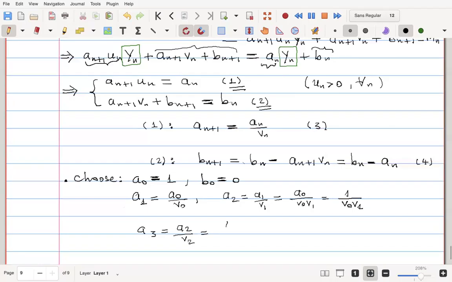So that will be 1 by v_0 v_1 v_2. So you can see the pattern. The pattern appears already, you can see the pattern is appearing.